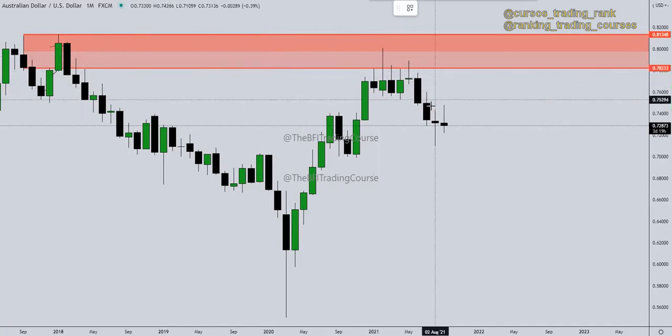Now, what's our bias here? Potentially reversing, but position traders would be selling from the deeper half of the monthly zone. Okay. Now, when would we go bearish? Which is a good question.